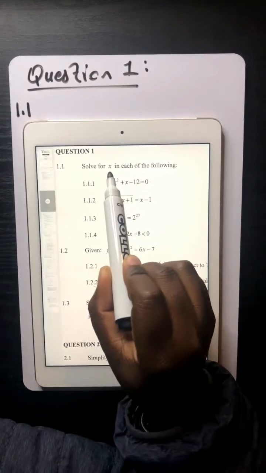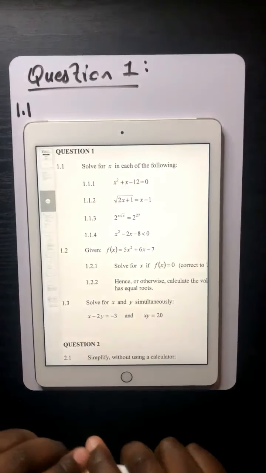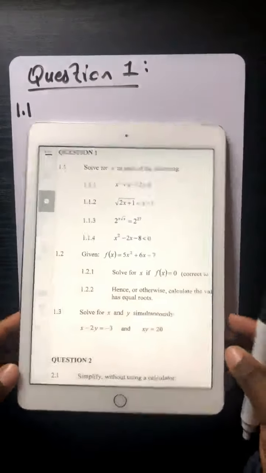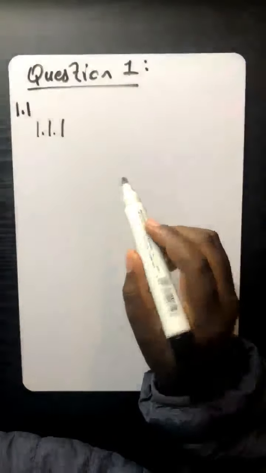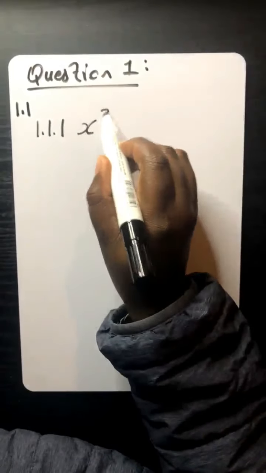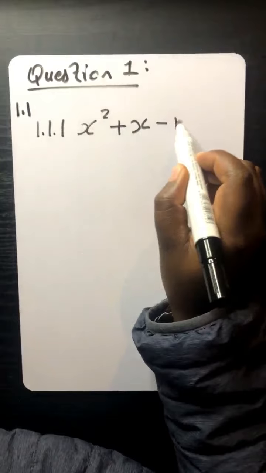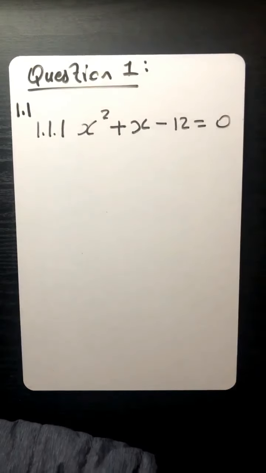So that means your final answer must be presented as x equals to whatever. Based on yesterday's lesson, you understand what type of problems you may be facing. So 1.1.1 says x squared plus x minus 12 equals 0.